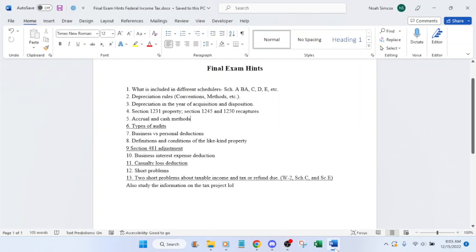How far am I through this study guide? There's a lot of things on the study guide I don't really have to study because I recently studied it, or I'm pretty confident on it.